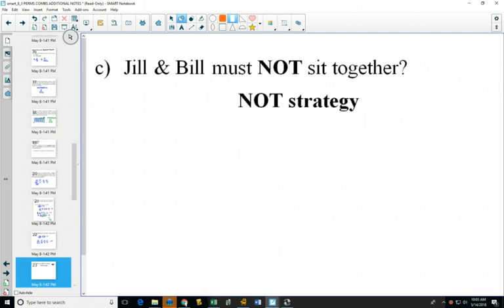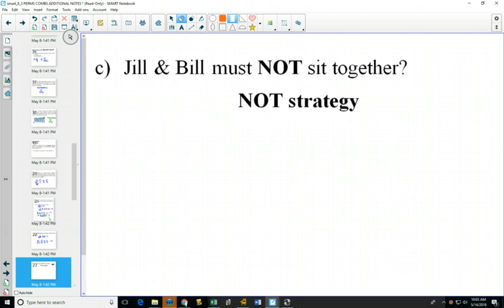This is a very interesting situation because usually when something like this goes down, the 5 friends just don't go and sit on the park bench anymore. But they did. They're just now refusing to sit together. And we're not going to worry about Lee and Amy. They can sit together or not sit together. They're not too serious yet. But Jill and Bill must not sit together.